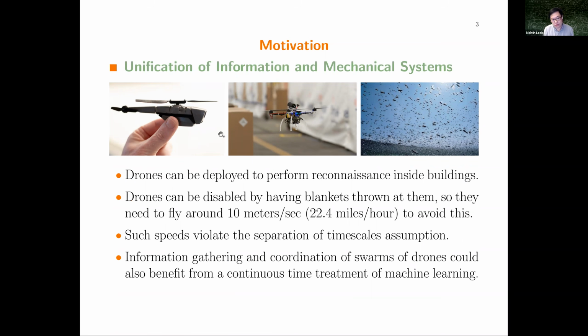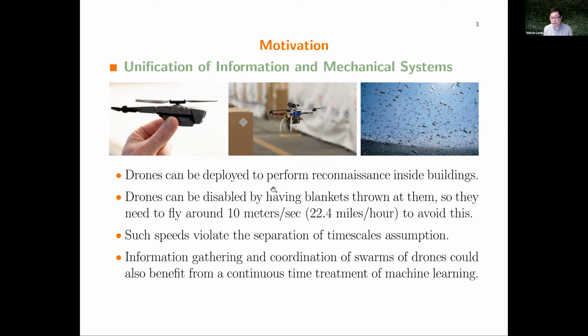Certainly in military applications, there's been a lot of interest in micro drones, and a view towards having large swarms of these drones. These drones are often deployed to perform reconnaissance inside buildings. But the problem is that these drones are very easy to disable.